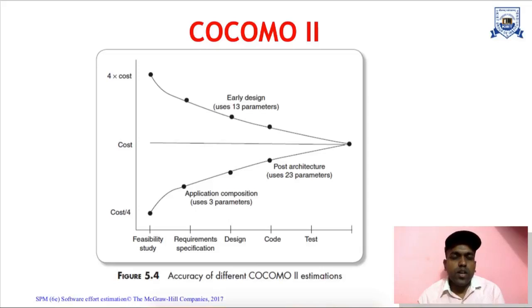And this diagram is basically showing the different accuracy of the different COCOMO II estimations. As you can see, the estimation is met at a point, so the accuracy of COCOMO II is more.